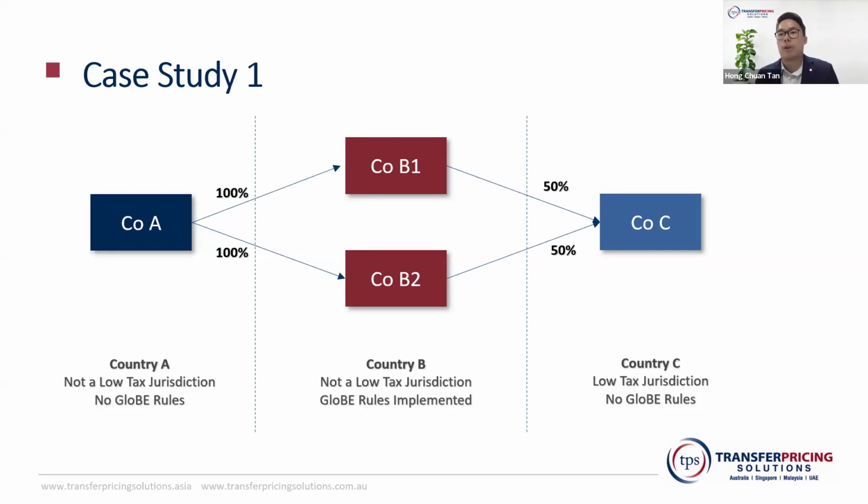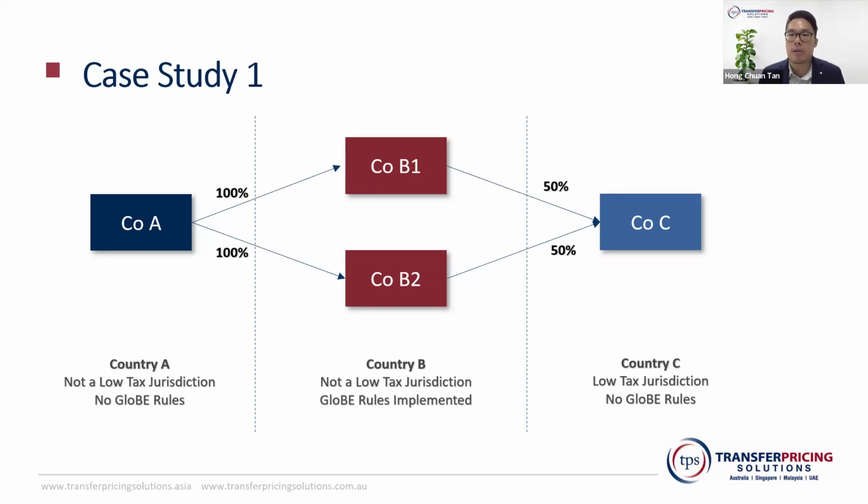If a QDMTT is not in place, then you have to fall back to your IIR. The responsibility for the IIR lies with the ultimate parent entity. When we look at the ultimate parent entity, the next thing you need to look at is whether the group rules apply. If no group rules have been implemented, then you have to fall back down to the intermediate parent entity, which in this case is company B1 and company B2, both 50% owned.